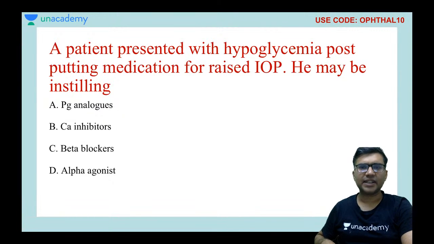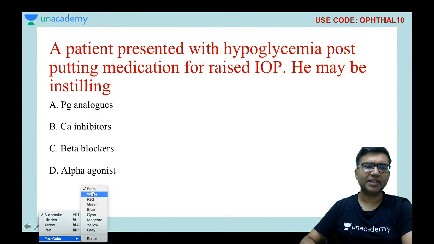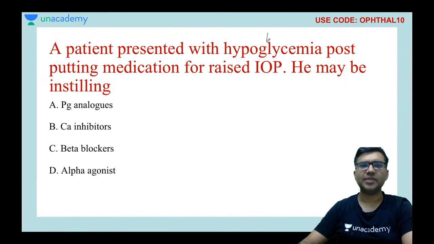So I think this question has been repeated, and the anti-glaucoma medication which can cause hypoglycemia is your C, that is beta blocker. Okay, so with the PG analogs, I told you they have an important side effect, which is basically change in the color of the iris, so I call it heterochromia iridis.